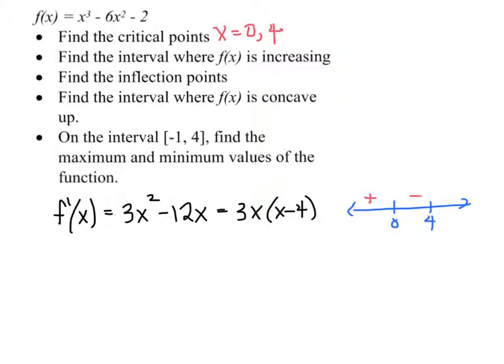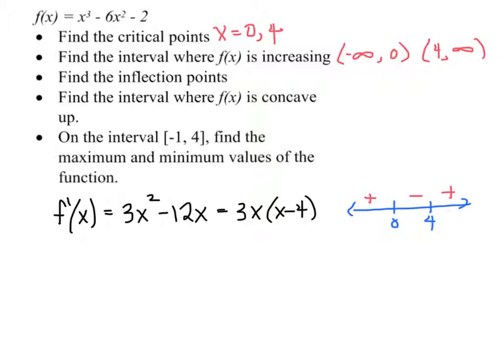That's negative. If I pick a number bigger than 4, I get a positive and a positive. It's positive. Again, we're increasing when the derivative is positive, so we're talking from negative infinity to 0 and from 4 to infinity.